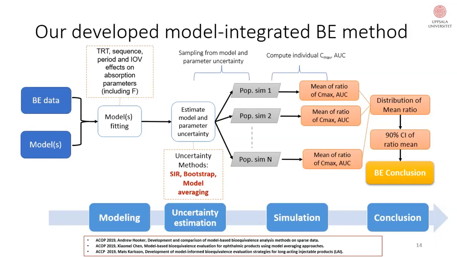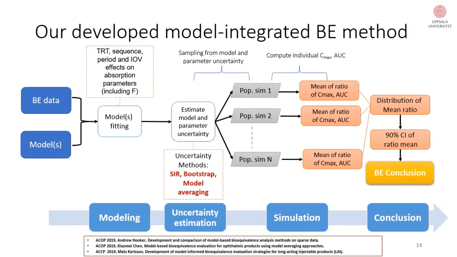And you can simulate out populations of 10,000, 100,000 individuals to compute these mean ratios across different parameter values that are in the uncertainty distribution that's been computed from this model fit, as well as across different models if you're using multiple models. So you can then have a weighted model averaging across these simulations.